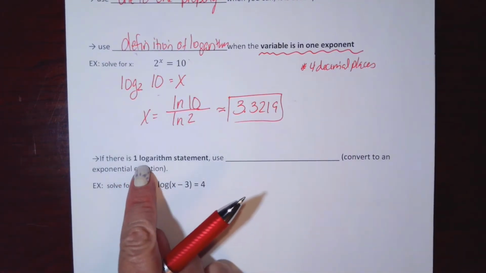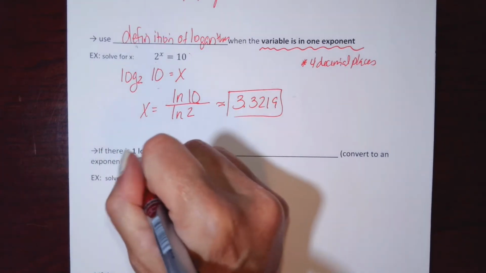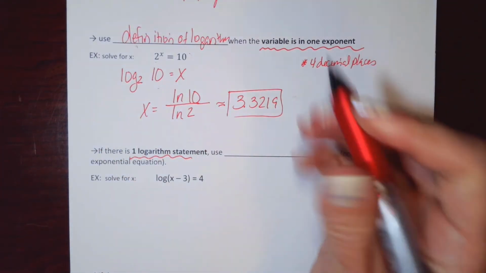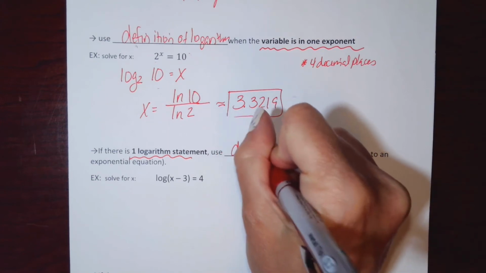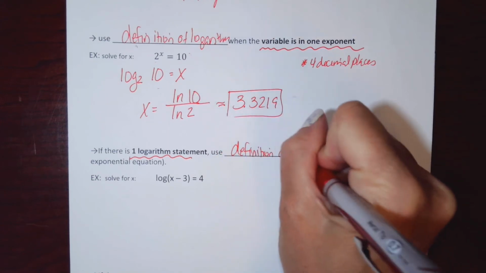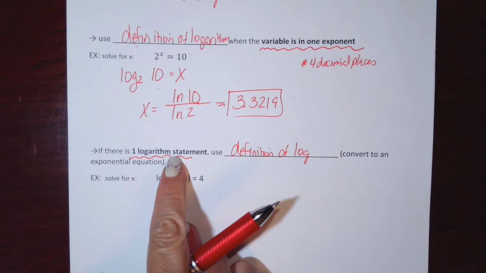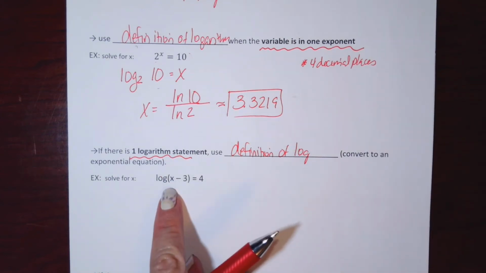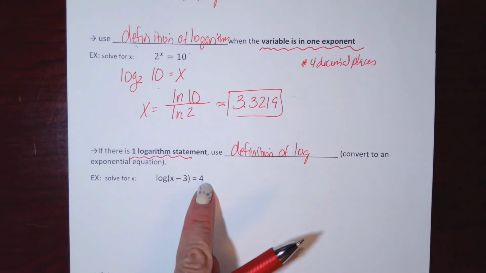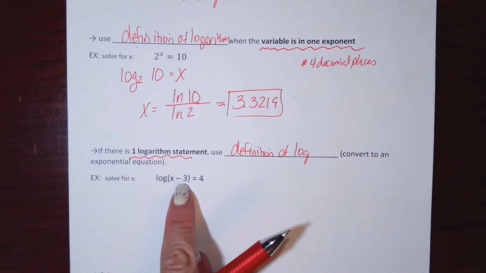Now, if I have one log statement, then I'm going to use the definition of log again. Only this time, since I'm starting with a logarithm, I'm going to convert it to exponential form. So right here, I've got log base 10 because it's common log. x minus 3 equals 4. Can't do anything with that with x in the argument.